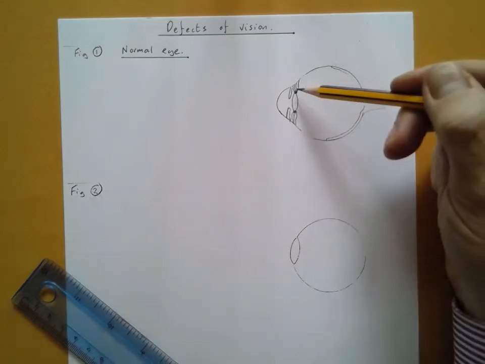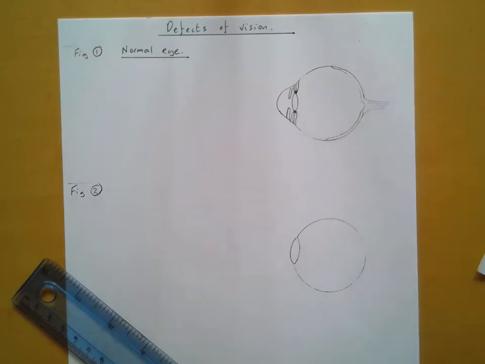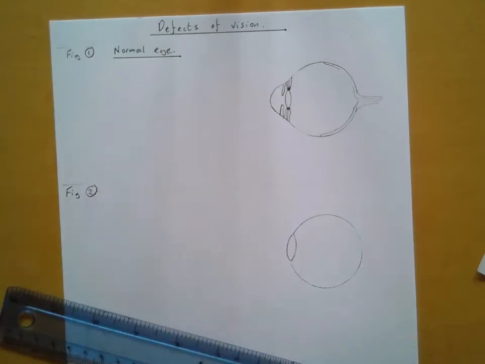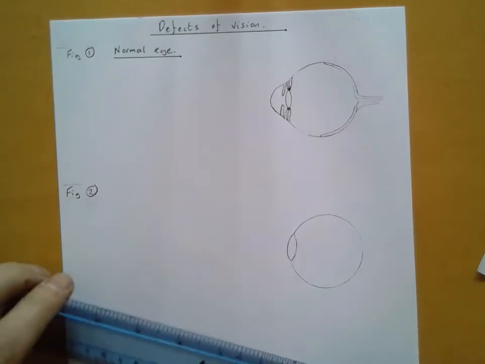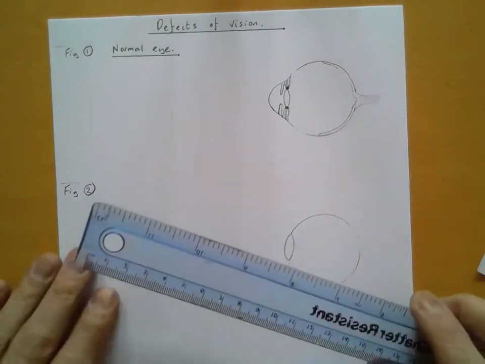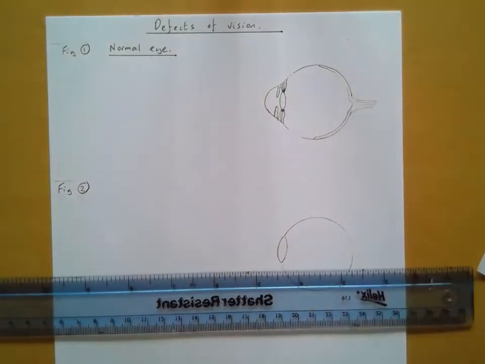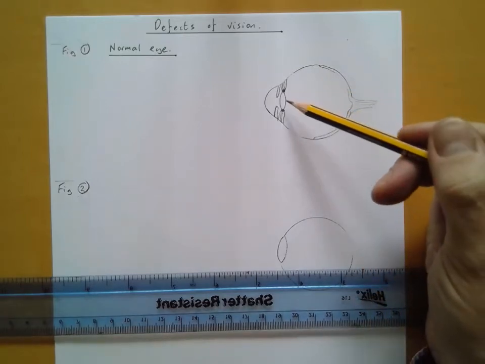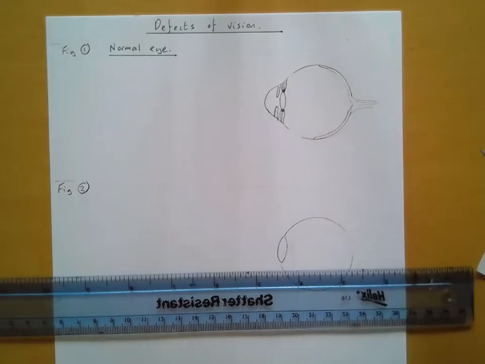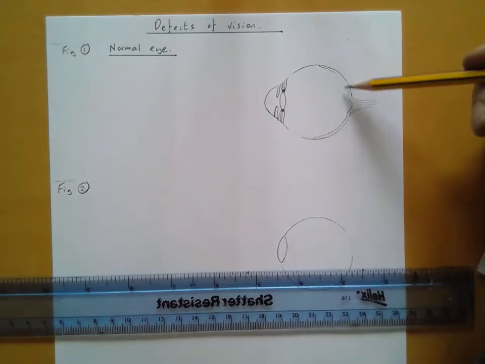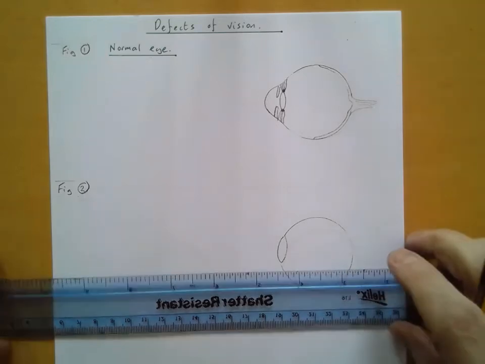And therefore, when the ciliary muscle contracts, it changes the shape of the lens. And it can make it either thicker or thinner. Now, when it does that, that process is called accommodation. So when the eye changes the shape of the eye lens to focus a sharp image on the retina, that process is called accommodation.